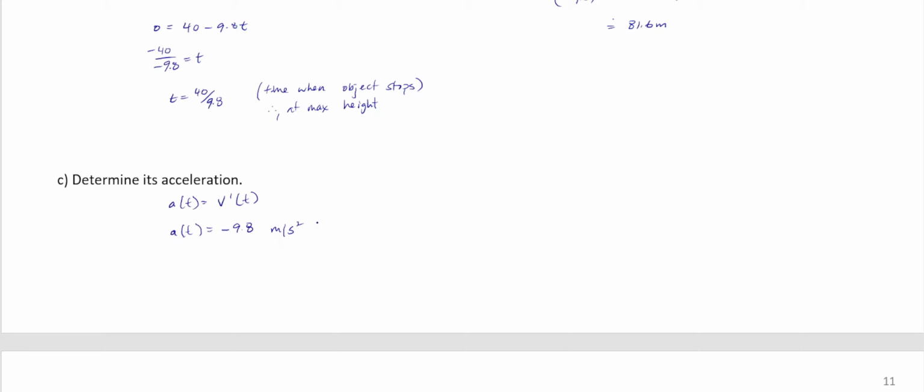And that's meters per second squared. Again, this makes sense because, if it's projectile motion, this would be the acceleration due to gravity on Earth.